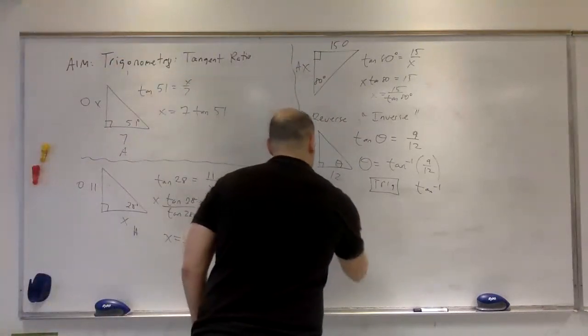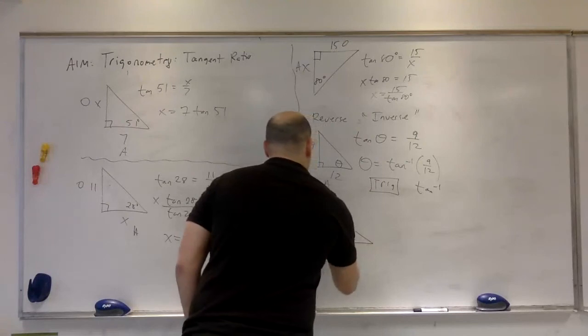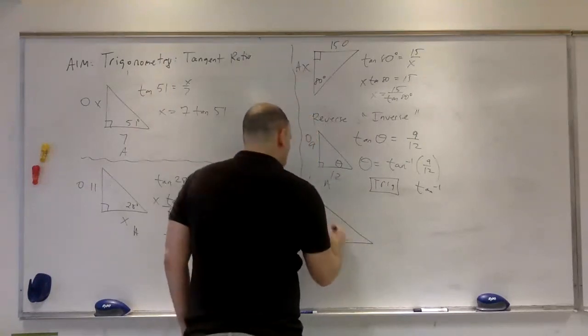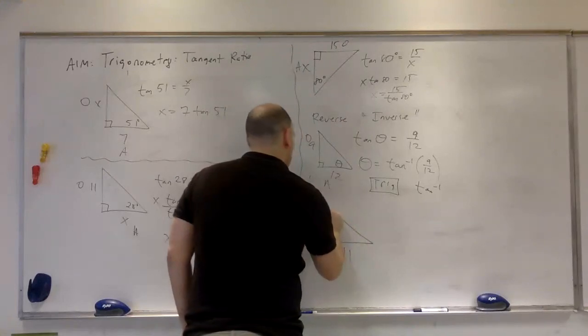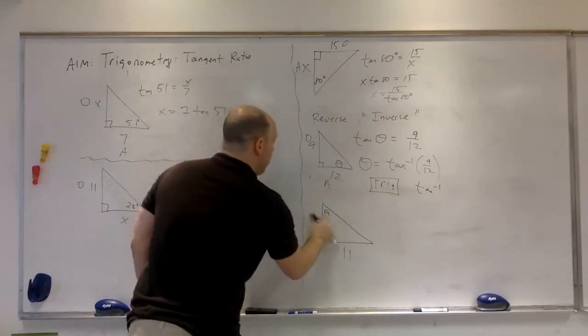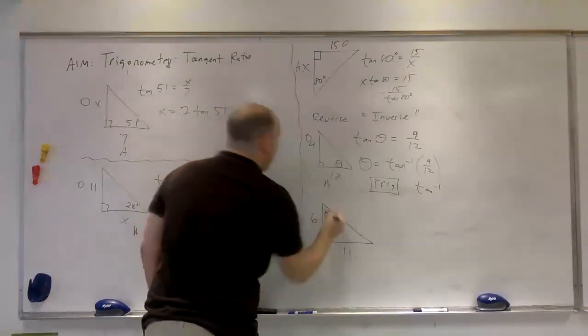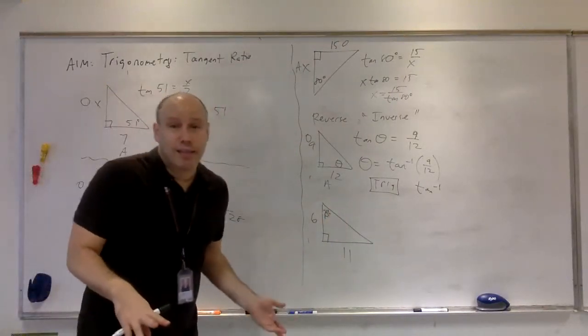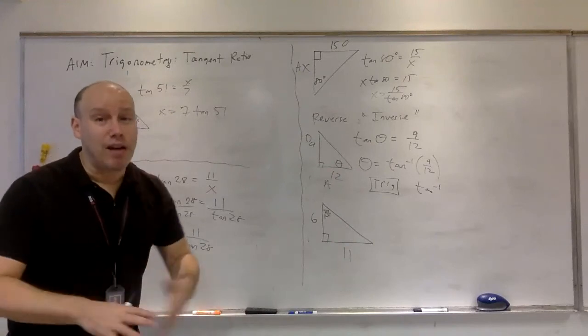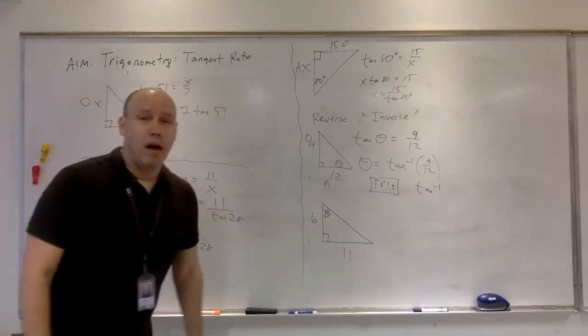And then, yeah, let's try one more. Here's 6 and 11, and the angle. Let's call this beta. We don't have to use theta. We can use beta or any of the Greek symbols. Sometimes they use x. An unknown is an unknown. What do you think?